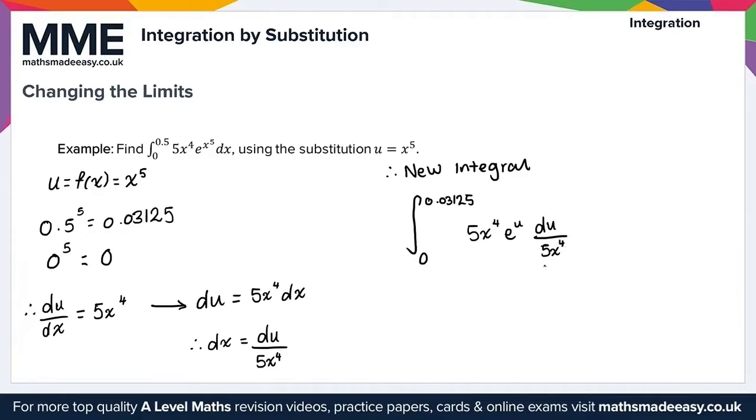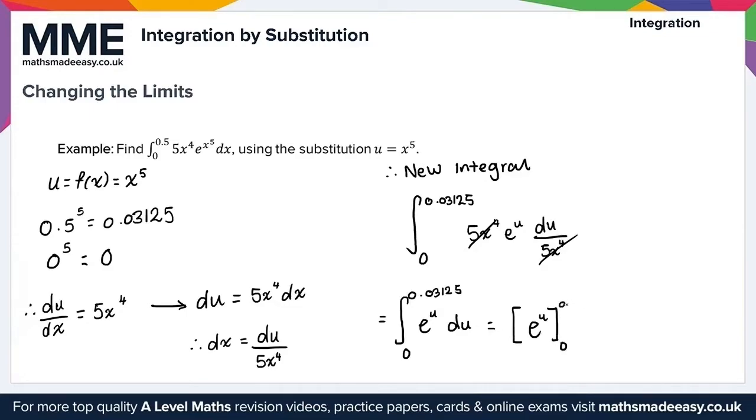The 5x to the 4 here will cancel with this 5x to the 4, and all we are left with is the integral of e to the u with respect to u, with limits of 0 and 0.03125. If we integrate this with respect to u, that simply gives us e to the u. So all we need to do now is evaluate e to the u with our limits of 0 and 0.03125.